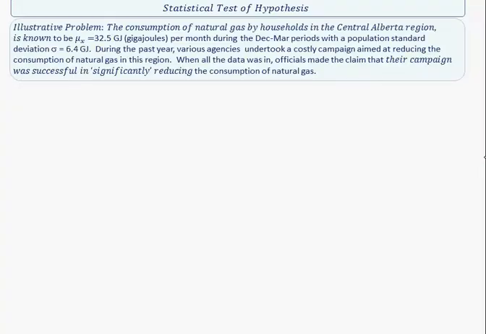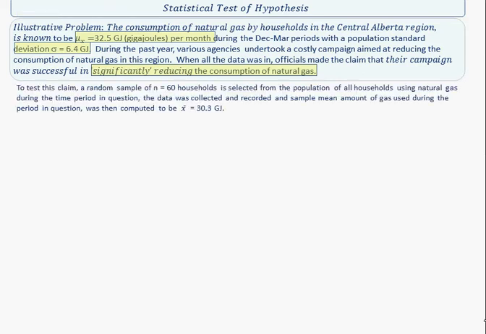Now, as an illustrative problem, we want to look at the consumption of natural gas by residents of Central Alberta, known to be 32.5 gigajoules per month, and standard deviation 6.4. An extensive ad campaign suggests that a significant reduction in the consumption of natural gas is taking place.